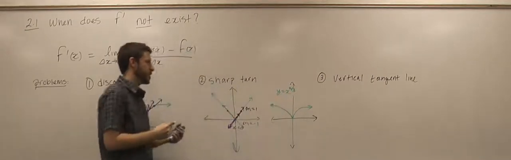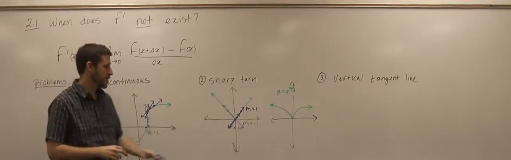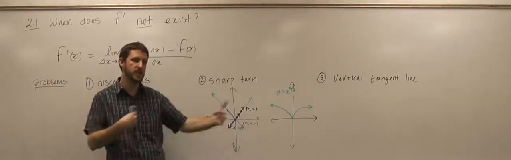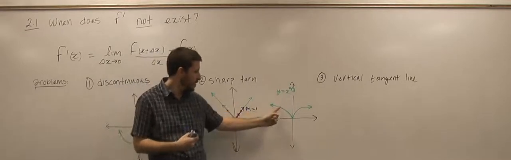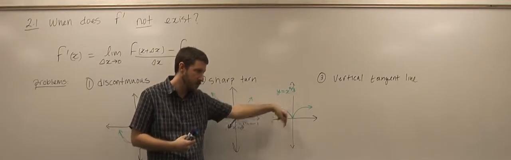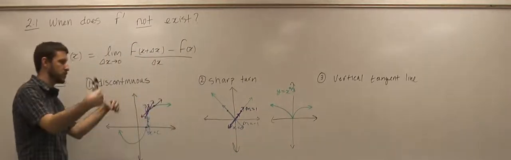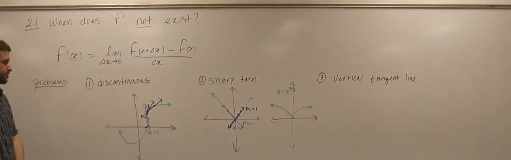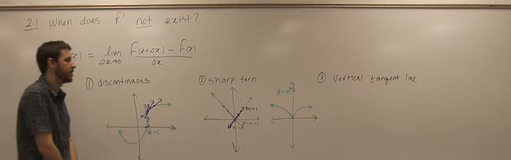Remember this graph? It's got a sharp point at 0. So the derivative won't exist at 0. It's okay anywhere else. I can find the slope of the tangent line anywhere else. But at that sharp turn, where I turn around, the slopes are different on both sides. So you won't be able to find the derivative.